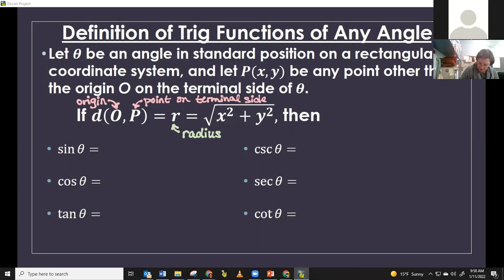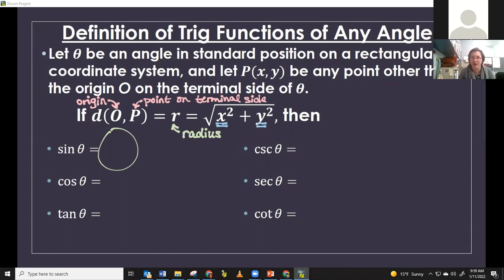Does anybody remember from the video yesterday how we can define the sine function? What is another way that we can define our sine function in terms of x, y, and r? Here I've got x and I've got y. Anybody remember how I can define sine in terms of x, y, and r?